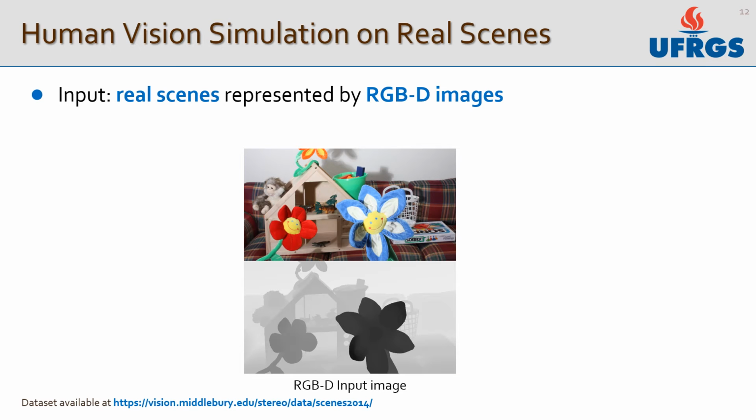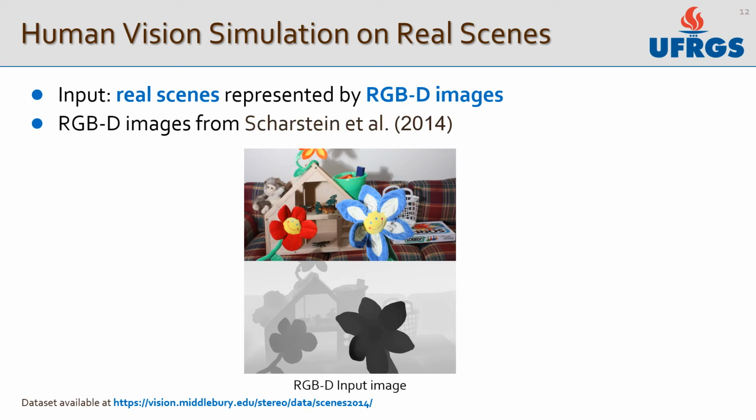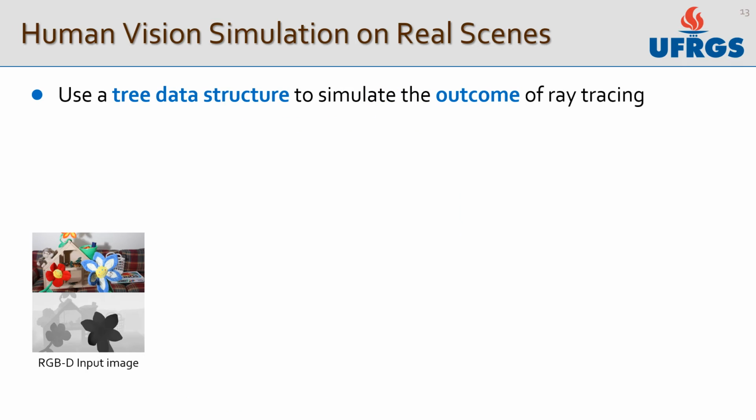In order to perform our simulations, we use as input real scenes represented by pinhole-like images with color and depth channels. All the images shown in our examples were obtained from this online dataset. The idea behind light gathering trees is to achieve the outcome of ray tracing without casting several rays during runtime, by using a data structure, a weighted tree.